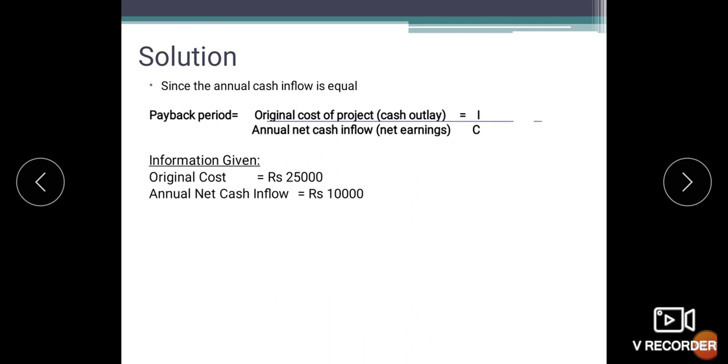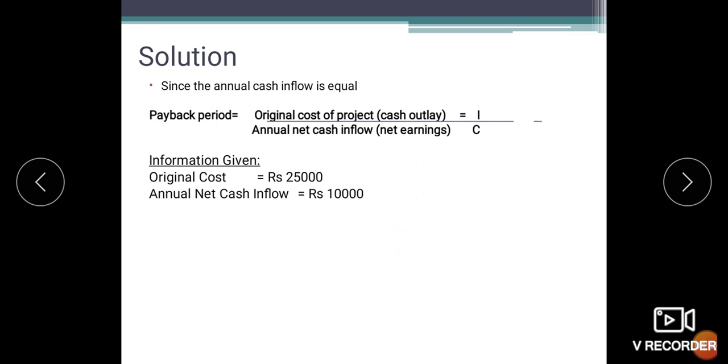The annual net cash inflow is also given in the question, that is 10,000. So the payback period is just 25,000 divided by 10,000, you will get 2.5 years.